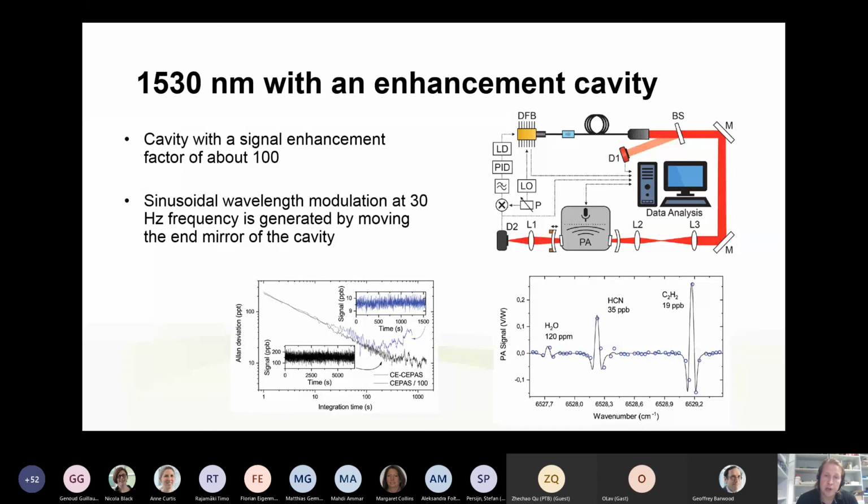So it would be very challenging to build a multipass system with an enhancement factor of 100. I would say virtually impossible with those dimensions.